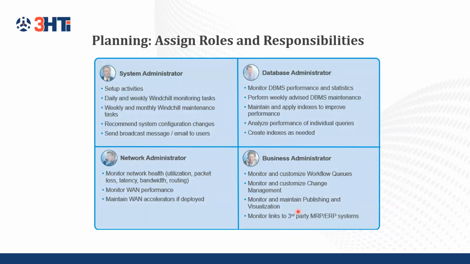And again, these tasks don't all have to be done by one person. It can be done by a team, or just spread out. System admins can, of course, do all the Windchill related tasks, whereas a DBA or network administrator can be leaned on in that regard. And then business administrators, properly managing all your processes within Windchill.